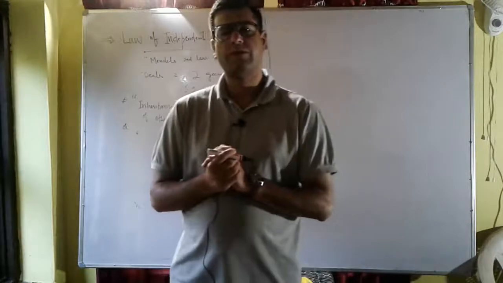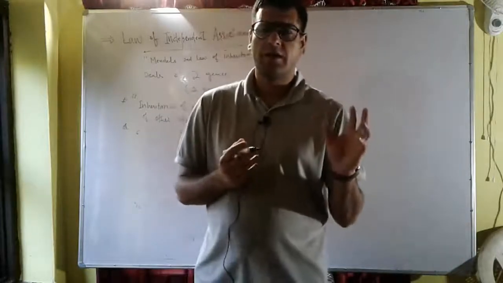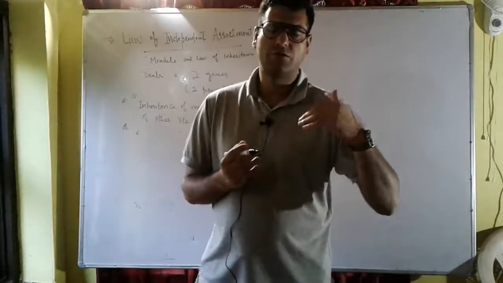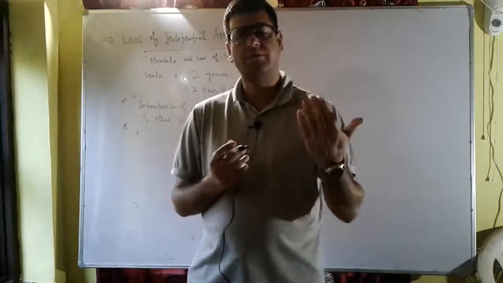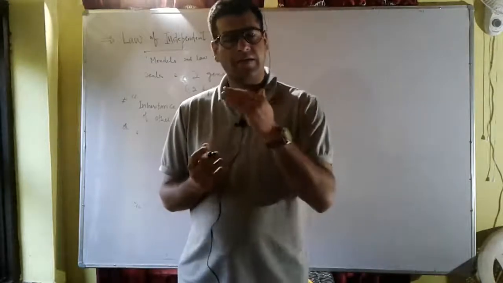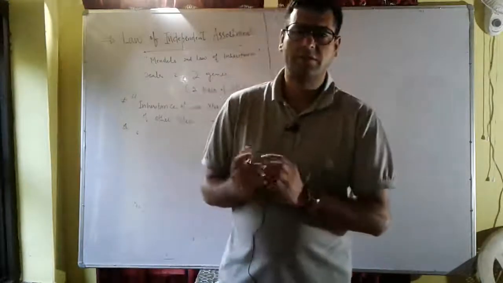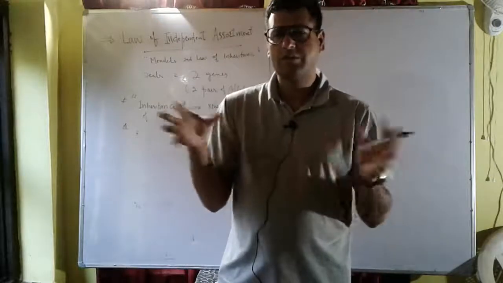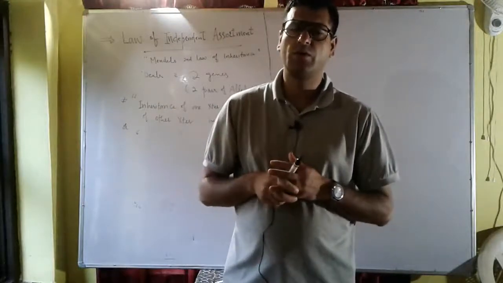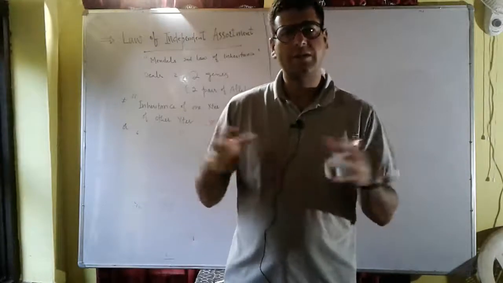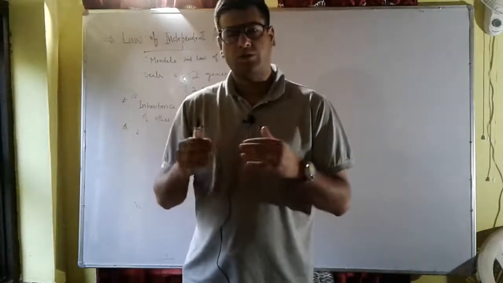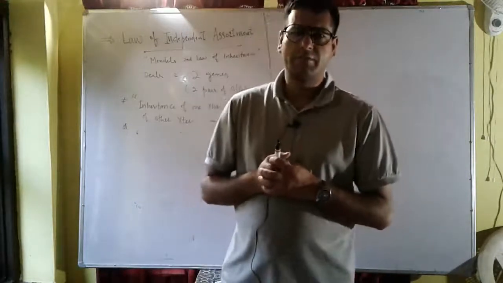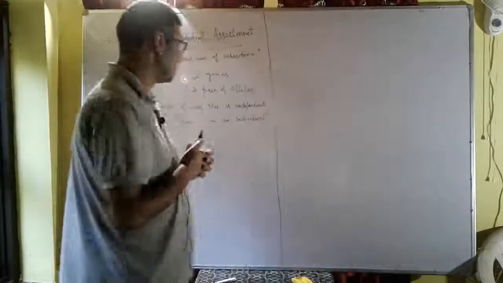One gene will go from parents to offspring in one way, and the other gene will go in the other way. That means these two genes have no connection, no association. They are not tied together. So the two genes assort independently of each other at the time of gamete formation.